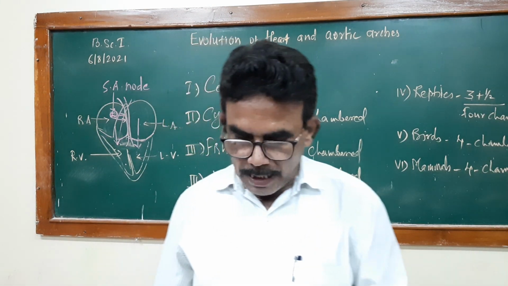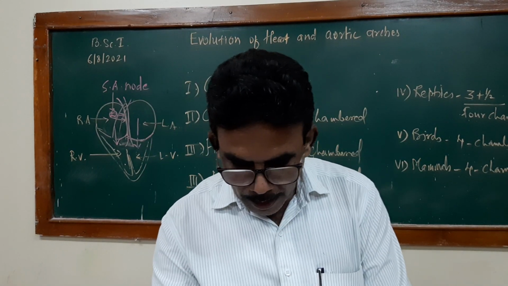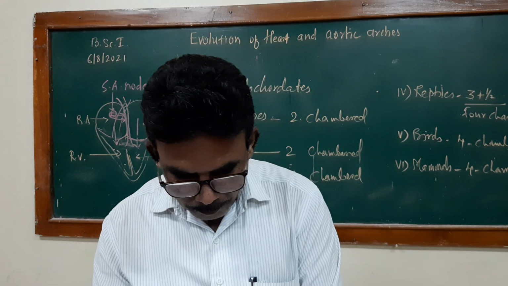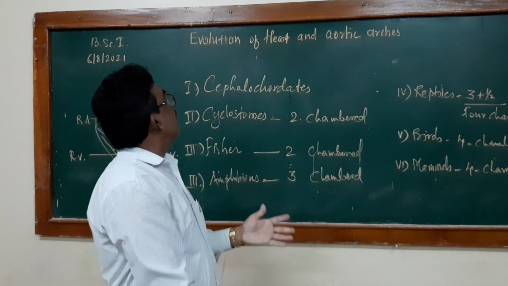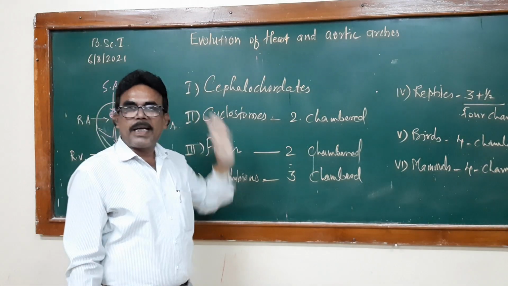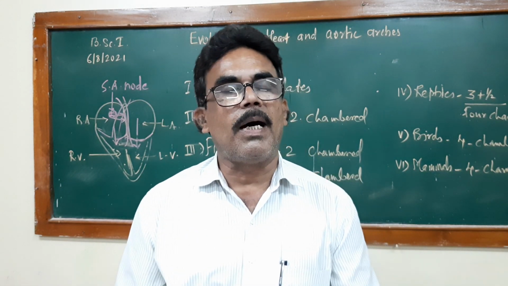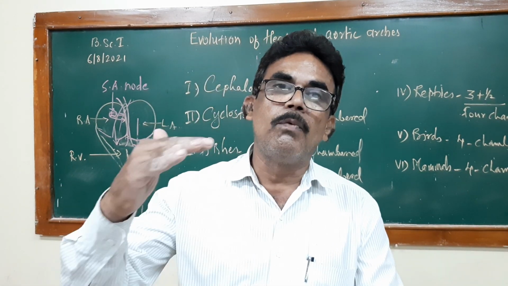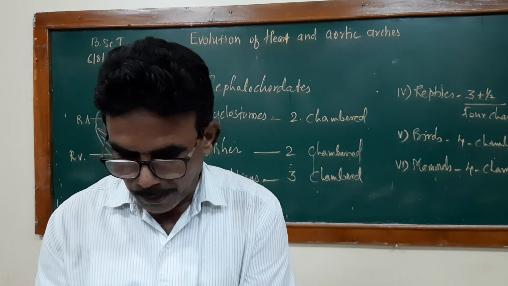So likewise here, there will be modifications found in the aortic arches. This was a brief account of the origin of the heart, or evolution of the heart, in different vertebrate classes. Today we shall stop here.